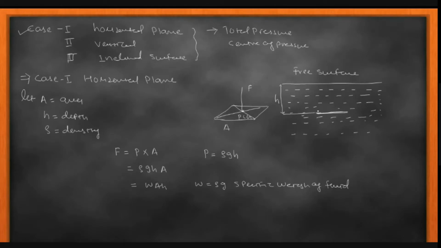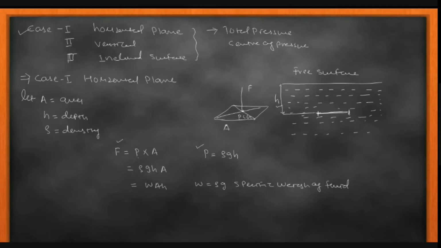This is the plate, the horizontal plane, which lies under the height of h, and the force acting is the pressure equals rho g h. So force, we calculate as pressure into area, and it acts on the center of gravity, that is the CG point.